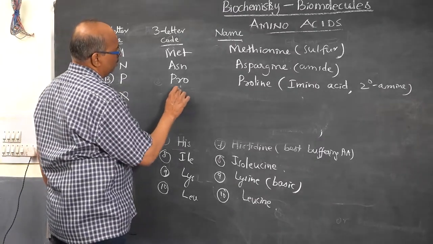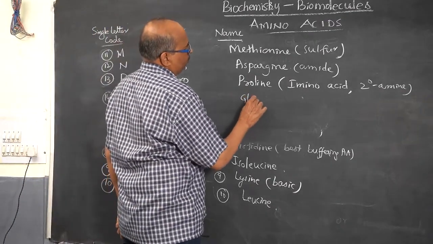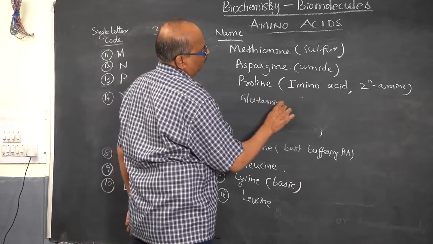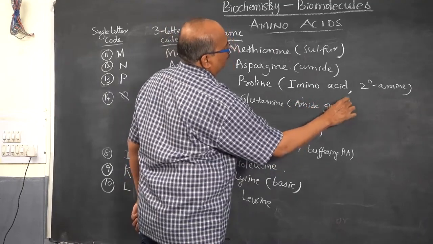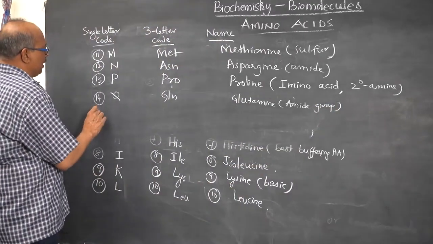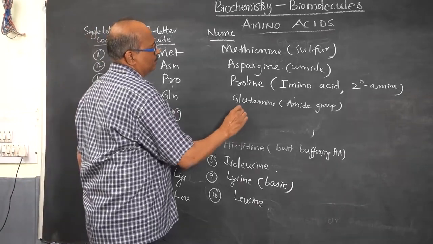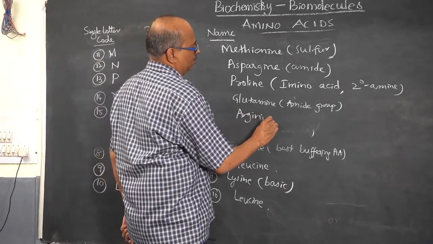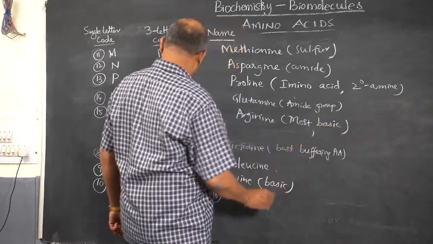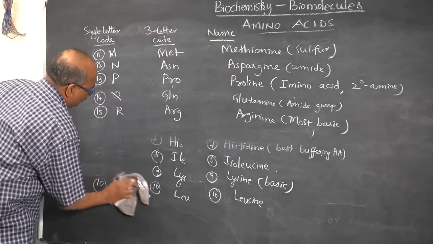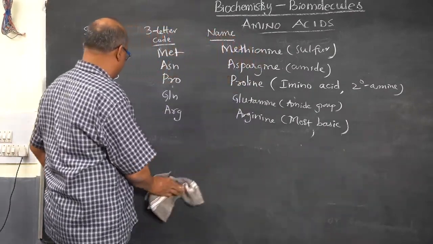Then we have amide group containing amino acid, glutamine. Then we have most basic amino acid, then we have an amino acid that is commonly subjected to phosphorylation.